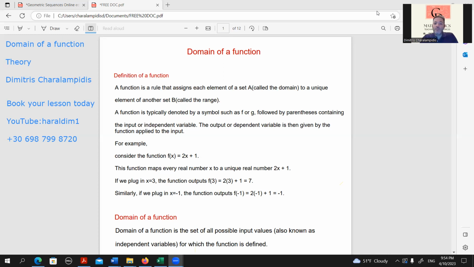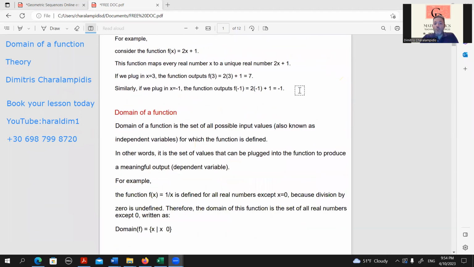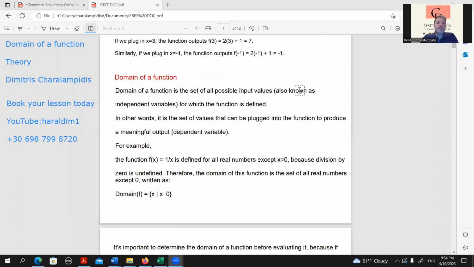Now, we mentioned that set A is also called the domain of a function. The domain of a function is defined as the set of all possible input values, also known as the values of the independent variable, for which the function is defined.